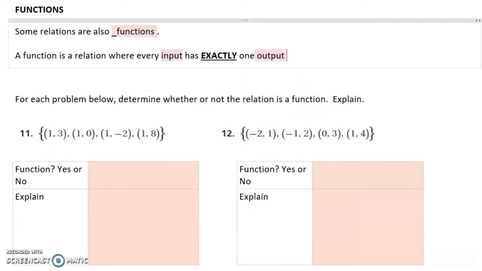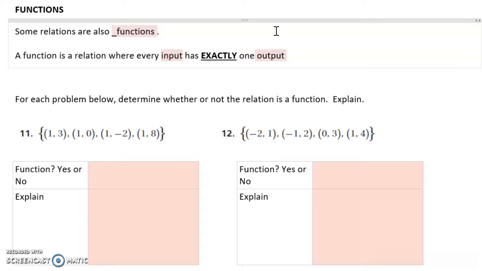A way I like to think about this is like a soda pop machine. Let's say you were at McDonald's trying to get pop, and if you push the Coke button, you would expect to get Coke out. If you push the Sprite button, you would expect to get Sprite out. You're pushing a button, you are getting one thing out.